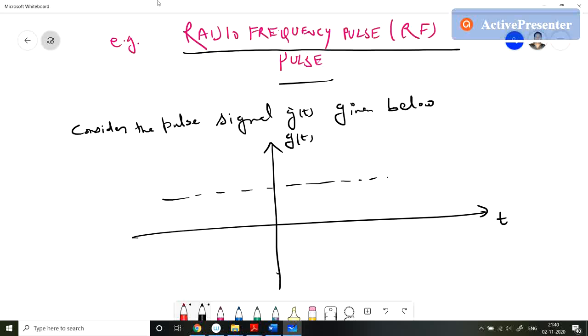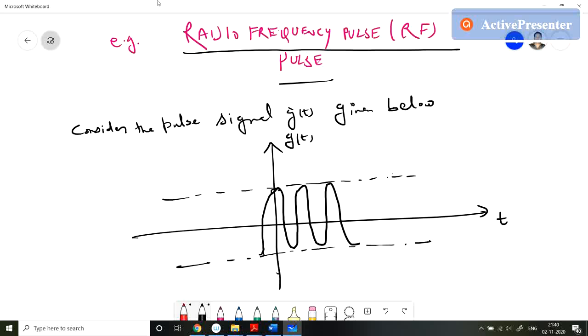Consider a radio frequency pulse. We are not taking the entire sinusoidal signal, only some part of it, and that's why we call it a pulse. Forgive me, my drawing is not good. So we are considering it only for capital T time.